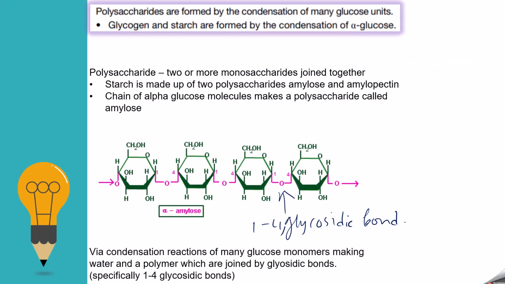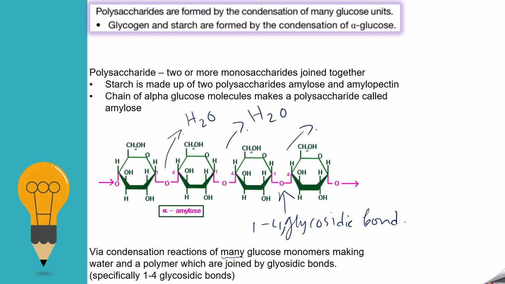So via condensation reactions of many glucose monomers, the important word here is many, making water and a polymer which are joined by glycosidic bonds, specifically 1,4 glycosidic bonds. Don't forget, for every glycosidic bond we make, we release 1 water molecule. So it could possibly hit you up in the exam with a question.